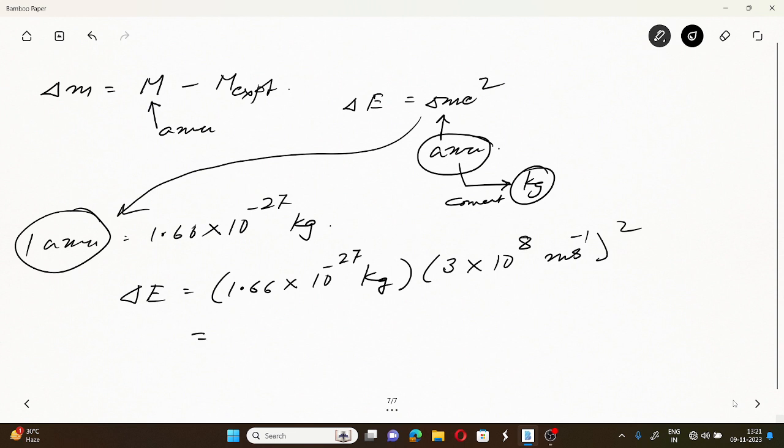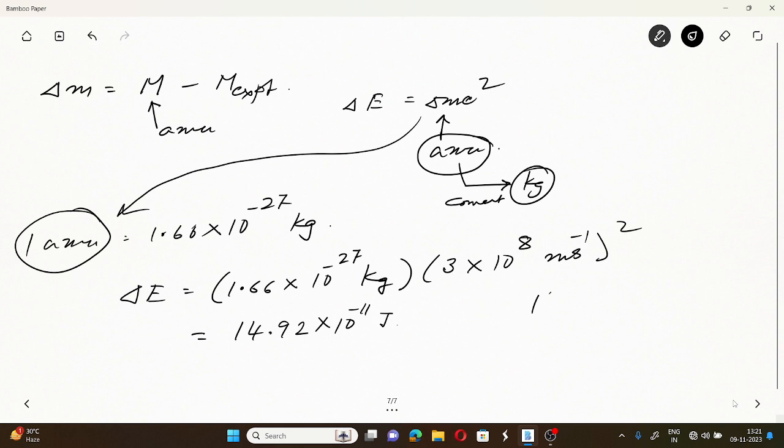So this will find that this is 14.92 into 10 to the power minus 11 joules. জুলসে চলে আসছে, কেজি মিটার স্কোয়ার per second square, এত জুলস হচ্ছে.